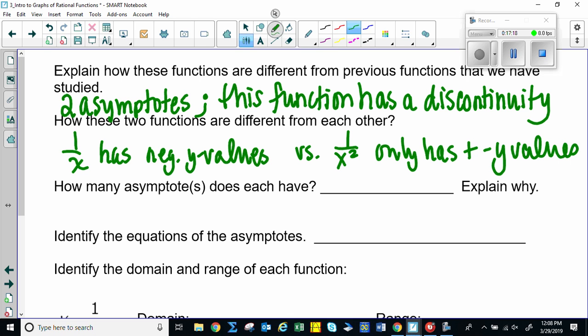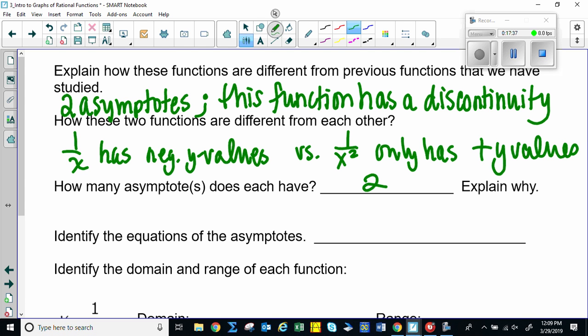I'm not going to put that dash in there. That looks like a negative. Well, has positive y values. But both of them had 2 asymptotes, right? Both of them had a vertical and a horizontal asymptote.